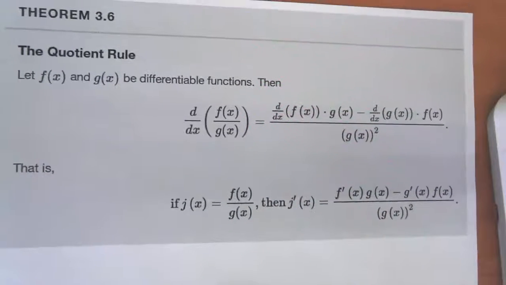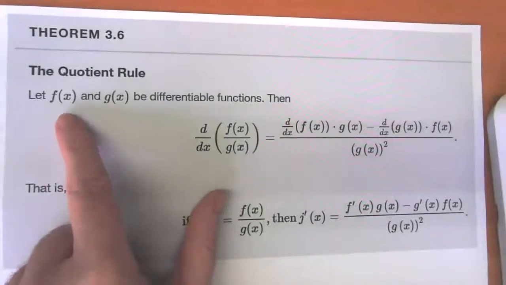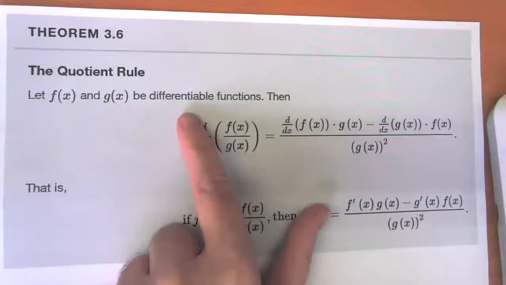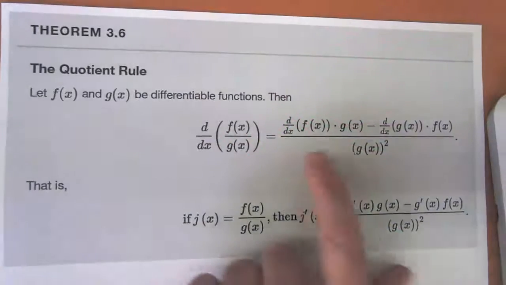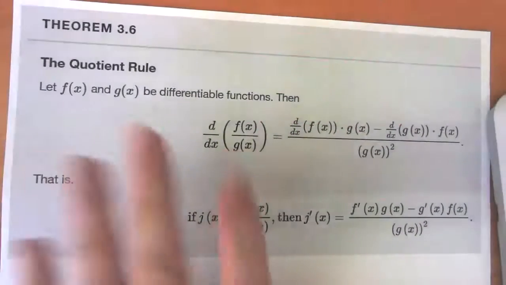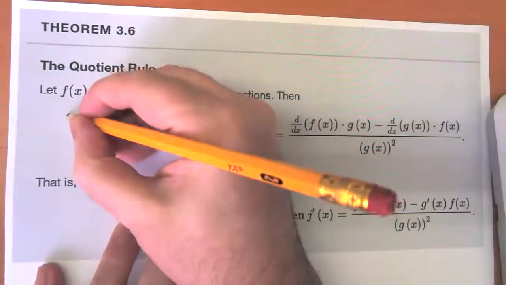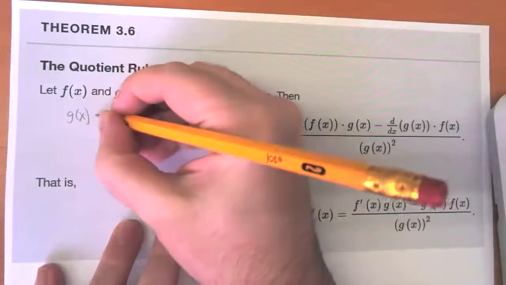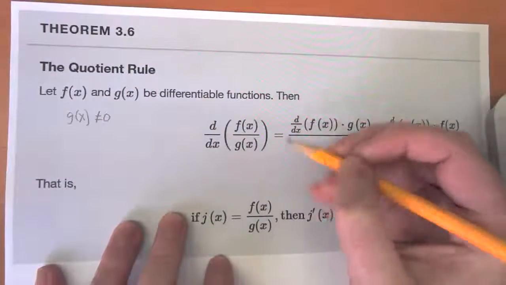This is slightly more complicated than the product rule, but it's the same basic notion. So let f of x and g of x be differentiable functions. Then f of x over g of x is differentiable. Actually, let's throw a couple extra rules in here. We need that g of x has got to be not equal to 0, or else we'd have some dividing by 0 answers.